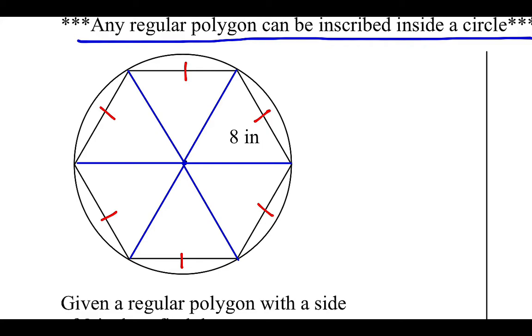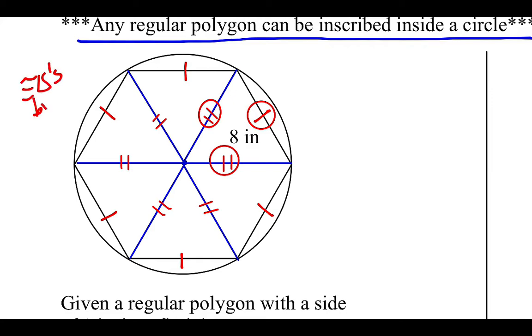All of those segments that I drew were radii, which means all of these segments are the same because they went to a point on the circle from the center of the circle. So looking at each of those triangles, they each have a side that measures a radius, and 8. Which means all of these triangles are congruent by side, side, side.